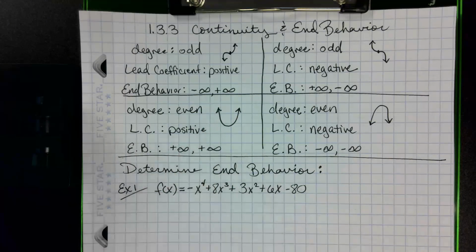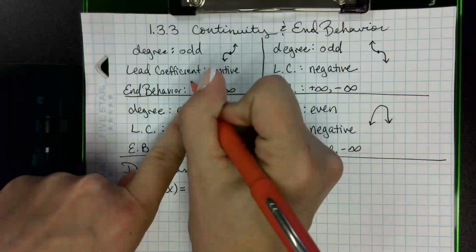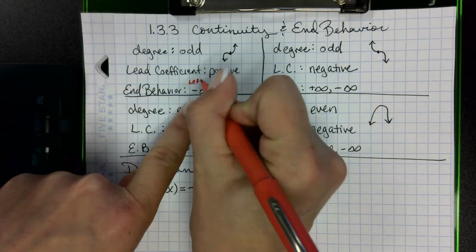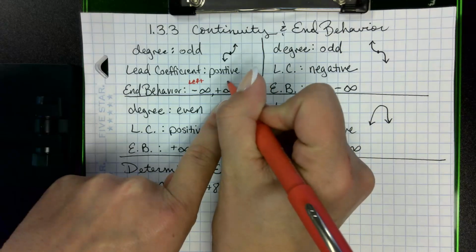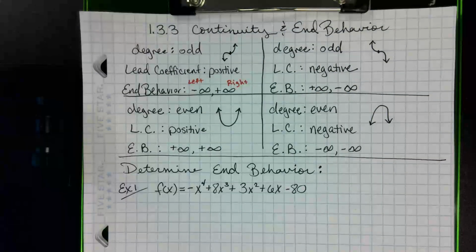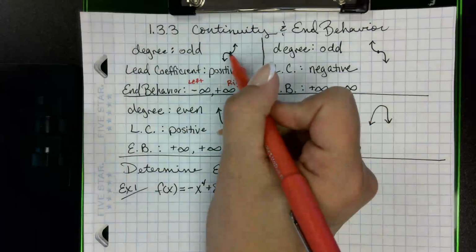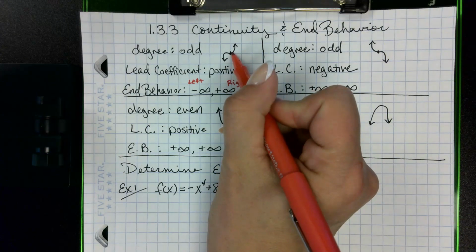and this is just an abbreviated quick notation. The end behavior, here I'm talking about the left end, and this is the right end. Left and right are referring to the x-axis, as x goes to the left and as x goes to the right.